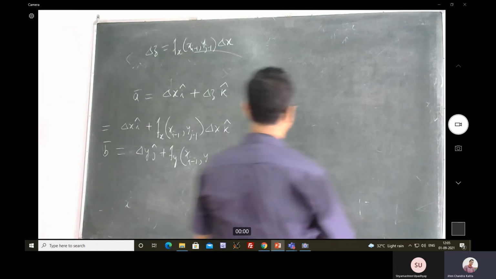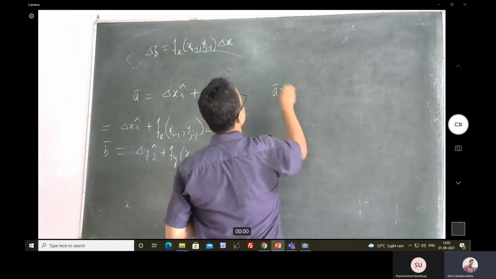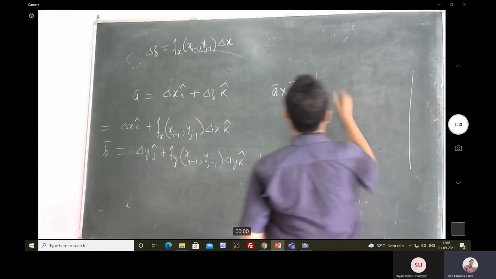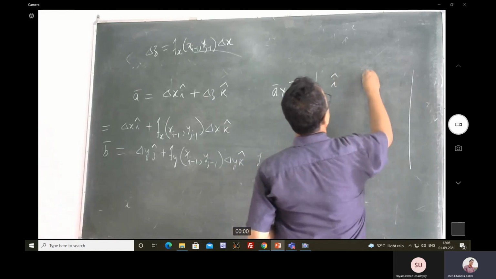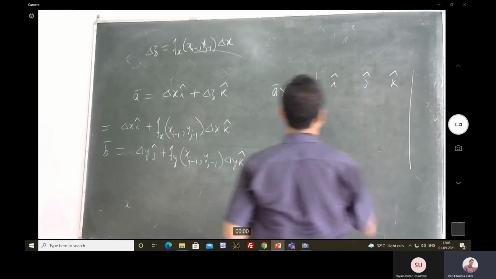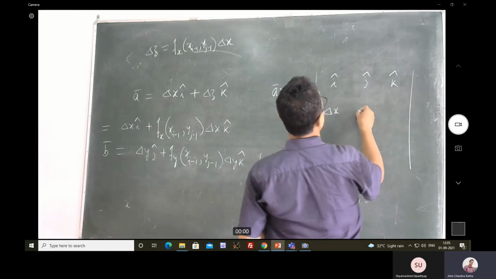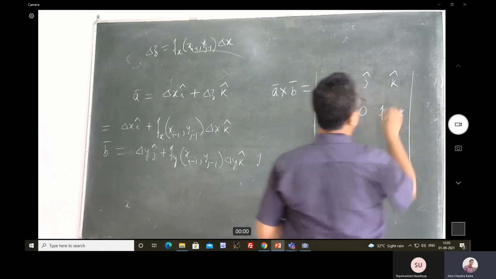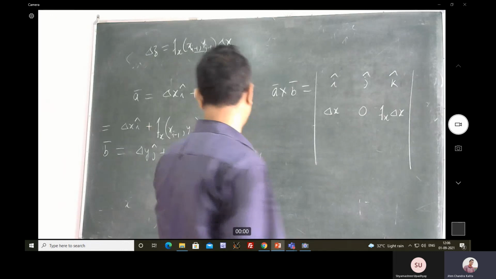So if I want to find out A cross B, then this is going to be the determinant with rows i, j, k; delta x, 0, f_x delta x; and 0, delta y, f_y delta y. I am not writing at what point; that is fine.